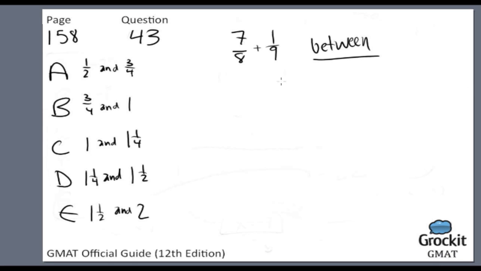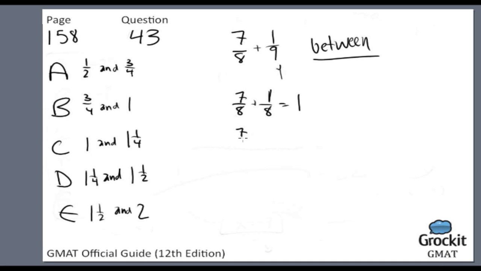Let's tackle the easy guy first. 1/9. 1/9 is almost the same thing as 1/8. It's only 1 in the denominator off. Keep in mind that 7/8 plus 1/8 would equal 1. 1/9 is a little bit smaller than 1/8.